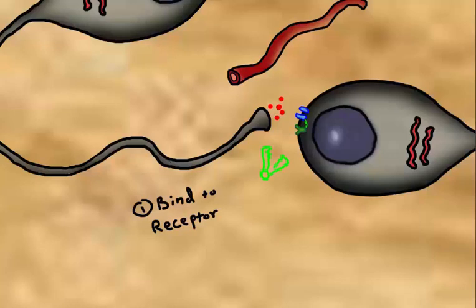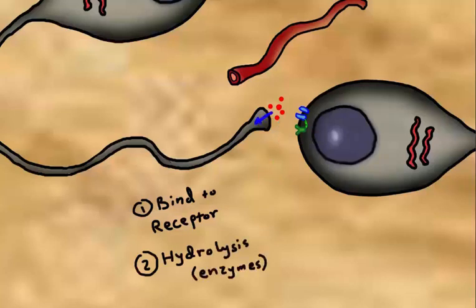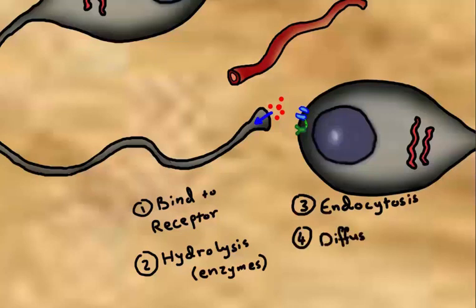Some of these neurotransmitters could be degraded by enzymes found in the synaptic cleft into their basic structural components. Or they could get absorbed back to the presynaptic neuron via the process of endocytosis, or they could diffuse to the capillaries found around the synapses in the extracellular fluid.